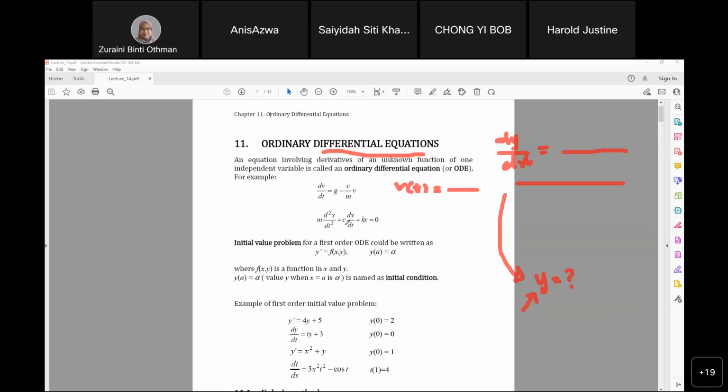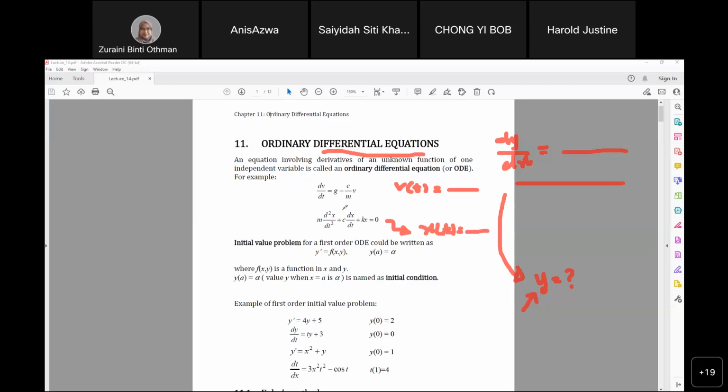Or we have this second order differential equation like this. For this kind of problem, you want to find the original equation, xt is equal to what?